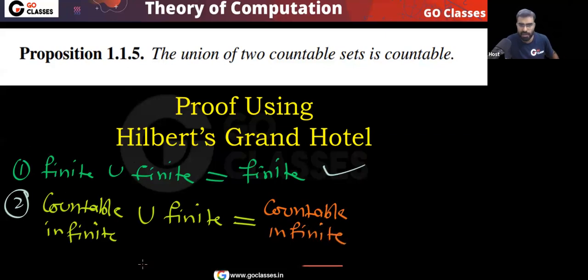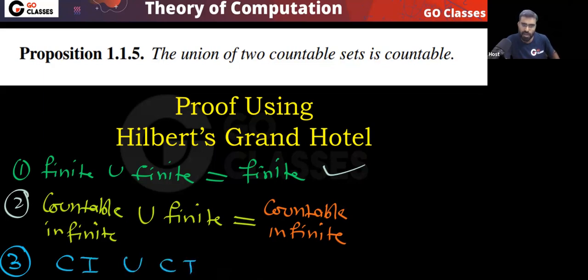Means countable infinite union finite will be countable infinite. And the third thing we have to prove: if you have a countable infinite set, union another countable infinite set, is that countable infinite? So these things we have to prove.